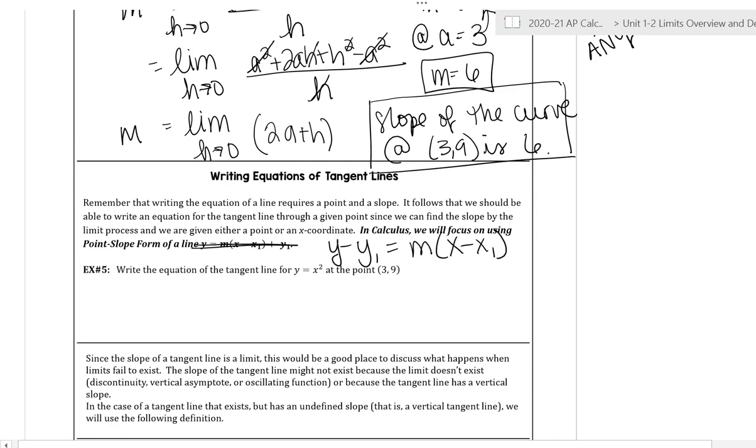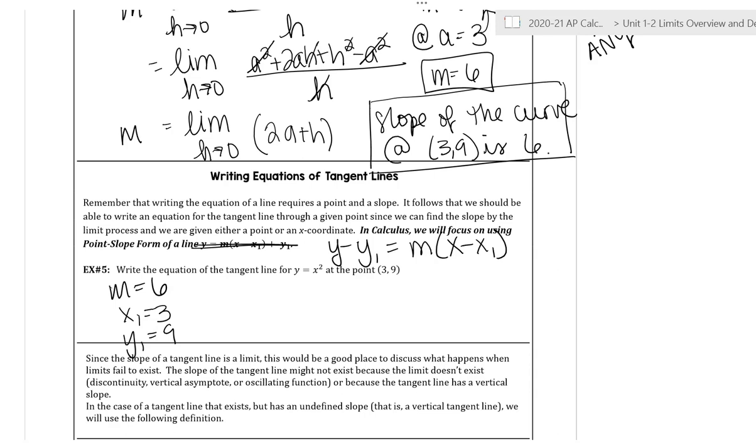And it says now that you know what the slope is, let's actually get an equation of the tangent line. So I found the slope earlier. I know that my slope is 6, and I know what my point is. So my x1 is going to be 3, and my y1 is going to be 9. So now we are just plugging in. And the best thing about calculus and the AP test is you do not have to simplify.